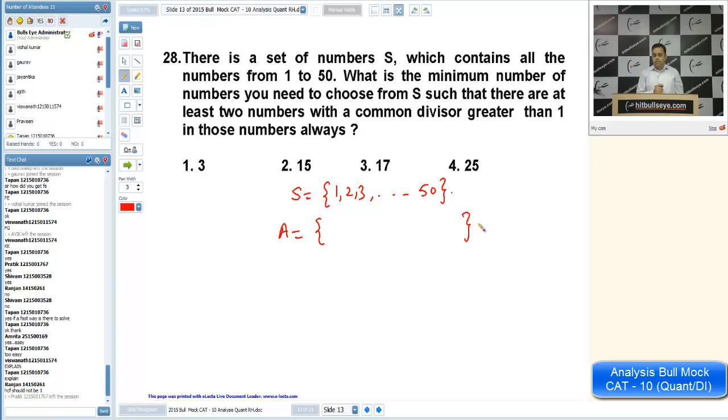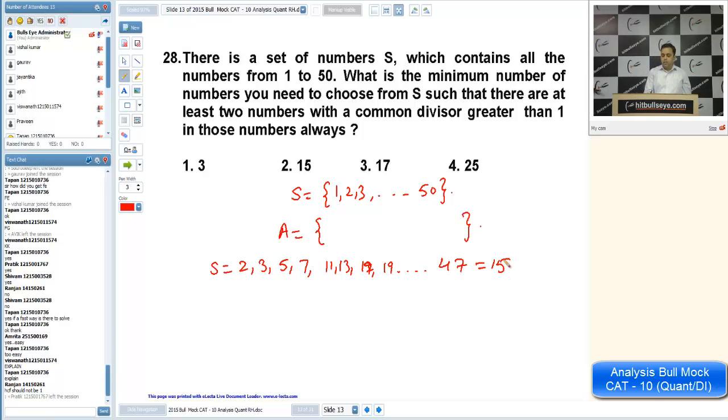Now for that, first of all, I will pick all the prime numbers from the set S. The prime numbers in set S are 2, 3, 5, 7, 11, 13, 17, 19, and so on up to 47. So there are in total 15 primes up to 50.